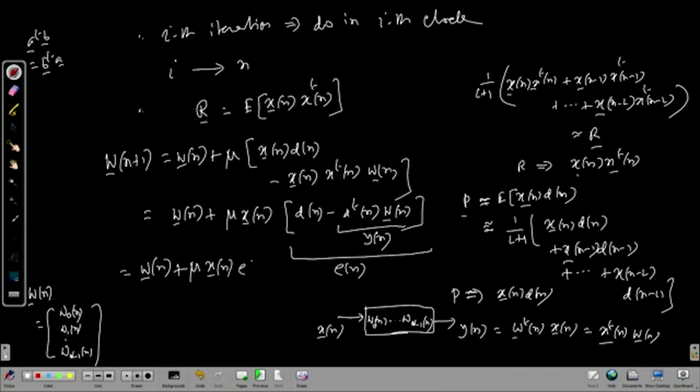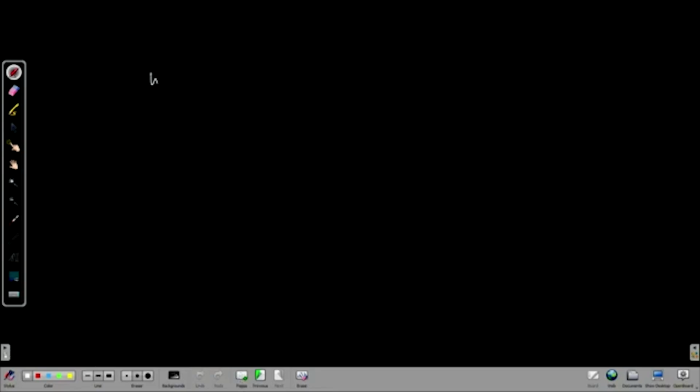This is a famous adaptation equation called LMS. So, I rewrite, I will just take one more minute. This is my update or adaptive filter equation.